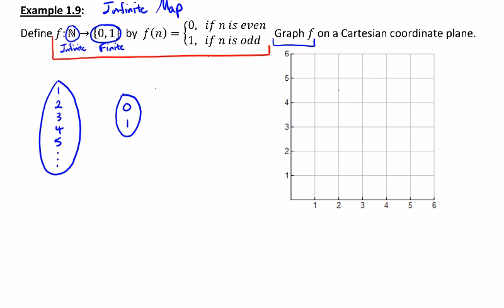What you will notice with this infinite map is that because there is an infinite number of ordered pairs that we can create, it's not going to be possible to list out all of the ordered pairs like we did on the previous examples. So we have this equation that tells us how to make the mapping be fulfilled. This is known as a piecewise equation.